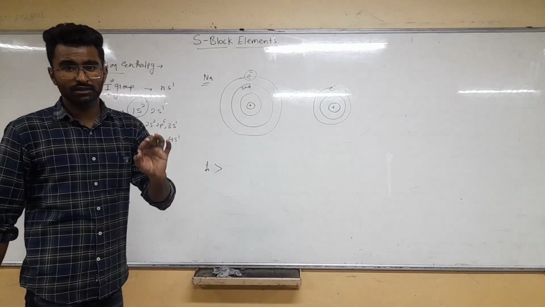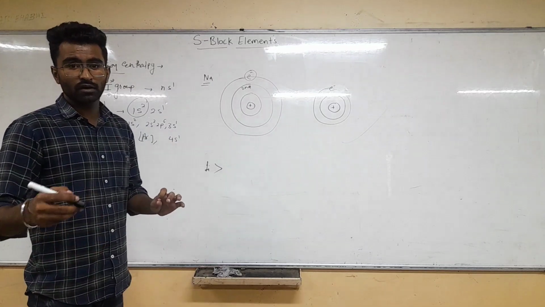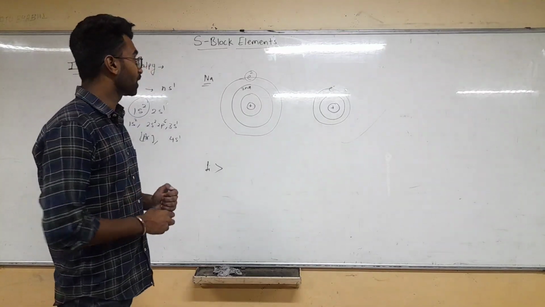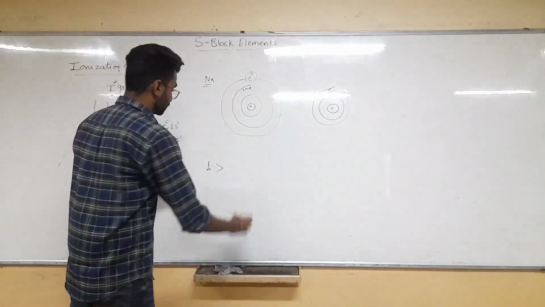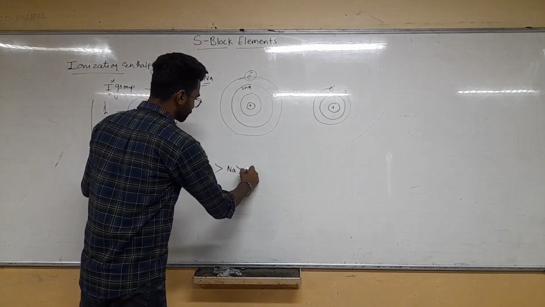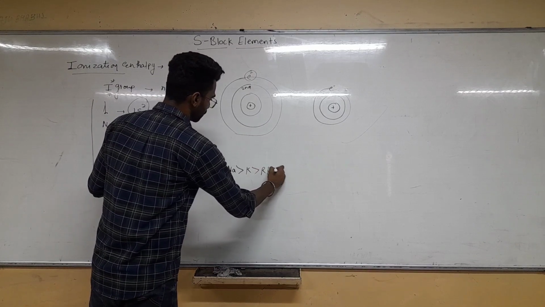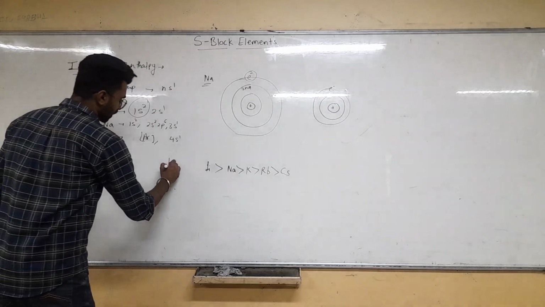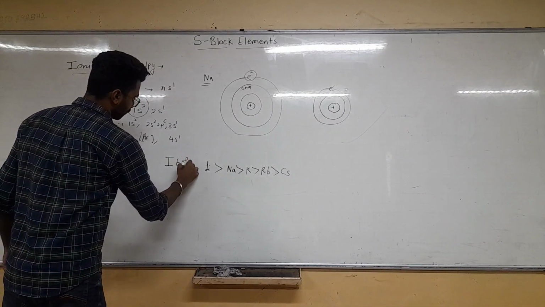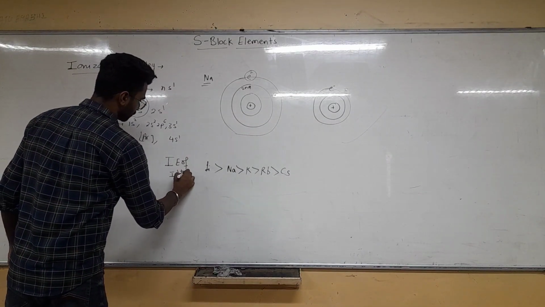It is actually the first ionization enthalpy, because we are removing the first electron from the atom. Lithium has the greatest, then sodium, then potassium, then rubidium, and then cesium. This is the order of IE of first group elements.